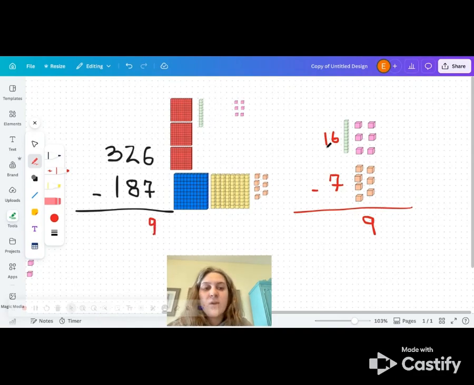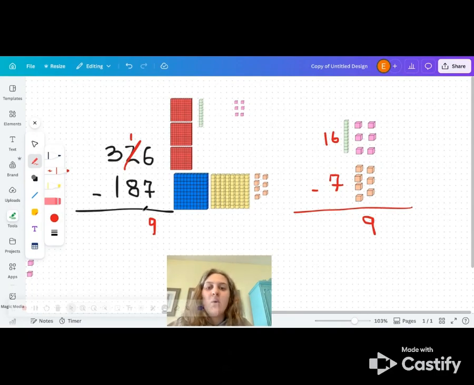And because we regrouped one of these 10s, we only have 1 ten left in that tens place in the 326. So what we'll do is we'll cross out that 2 and we'll write 1 to represent that.